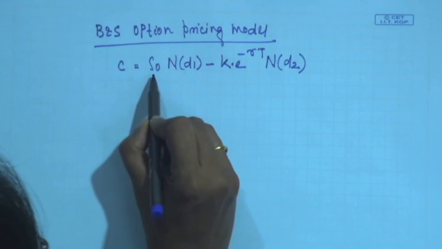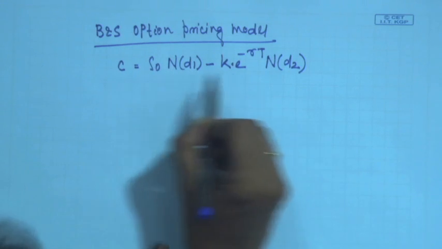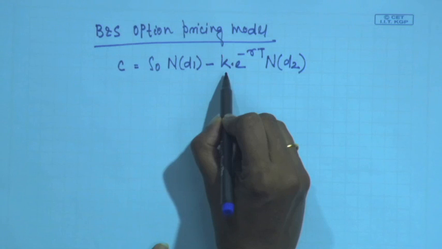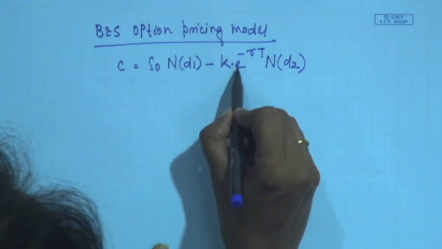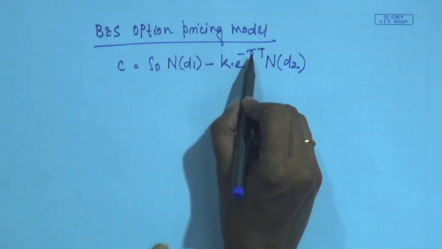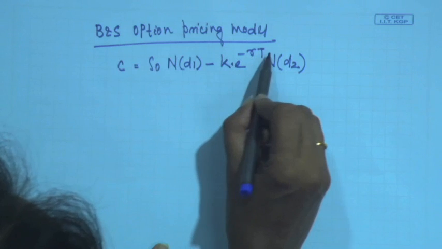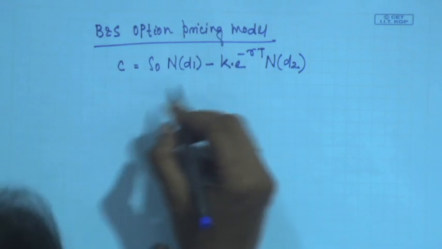The explanation of N(d1) and N(d2) is beyond the scope of this particular lecture series. So C is the call premium, S0 is your spot price, K is your exercise price, R is your continuously compounded risk-free rate, T is your time to maturity.